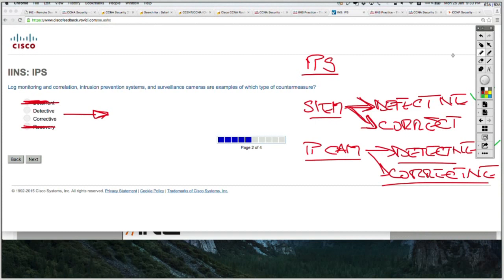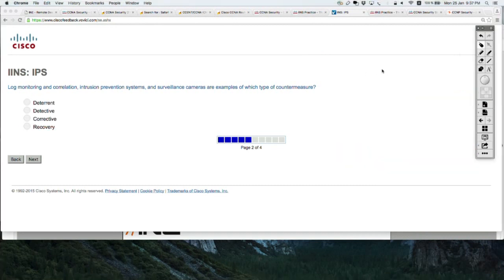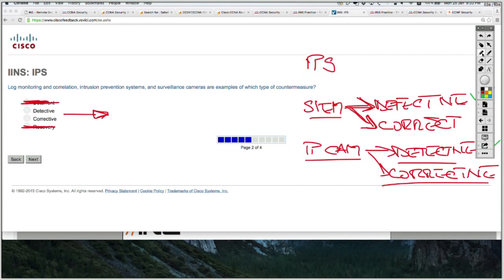So IPS being inline is primarily, let me go back, it is going to be primarily a detective tool and preventive, not corrective, because it's going to detect the attack and in its inline position it is going to prevent the attack from happening.